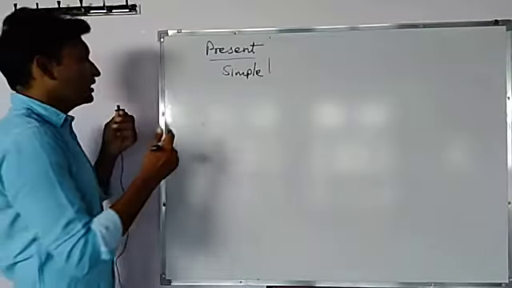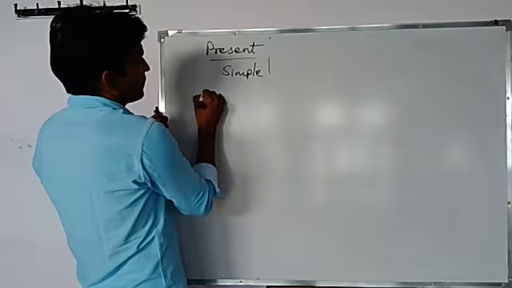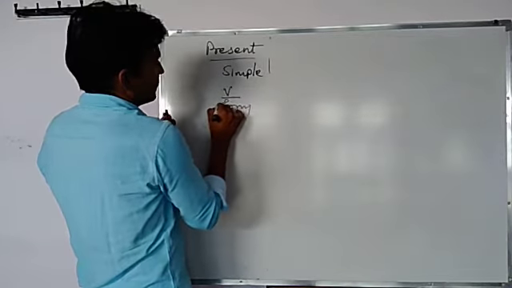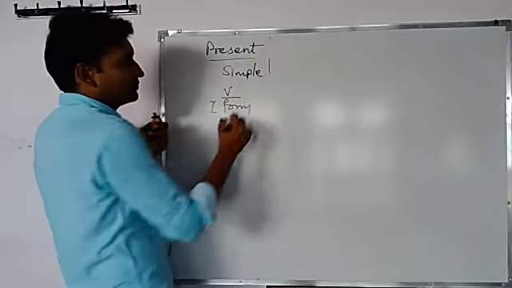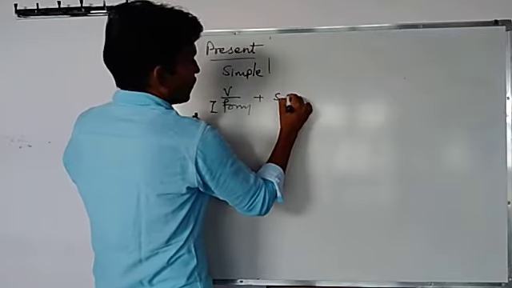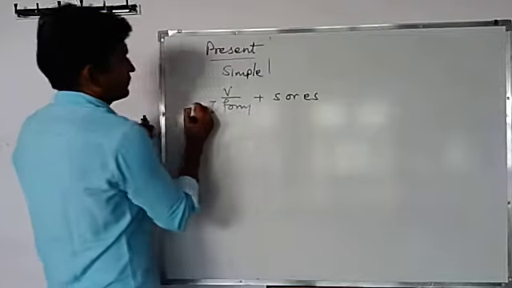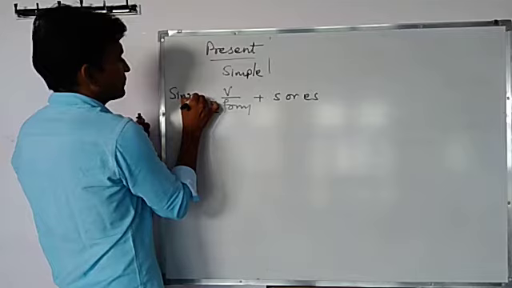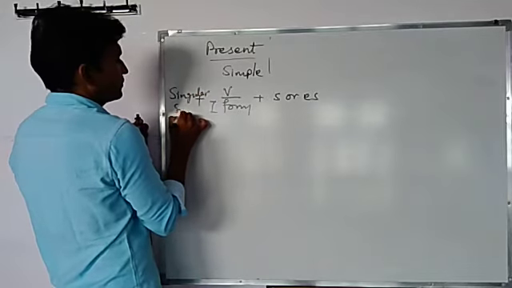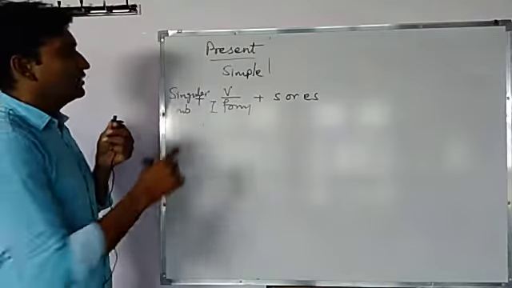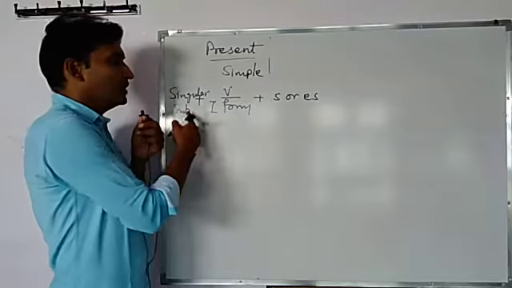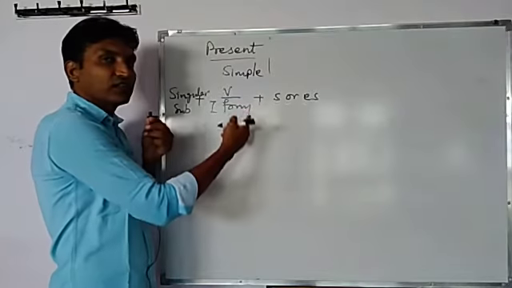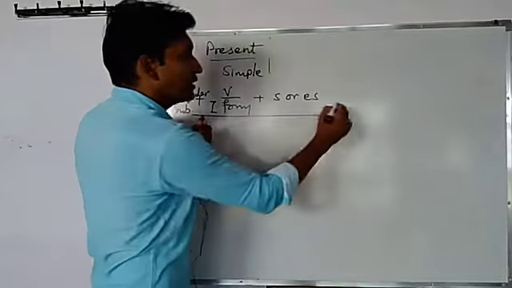The identification is the first form of the verb with s or es with a singular subject. If the subject is singular and it is accompanied by the first form of the verb with s or es as the main verb, it means this is present simple.